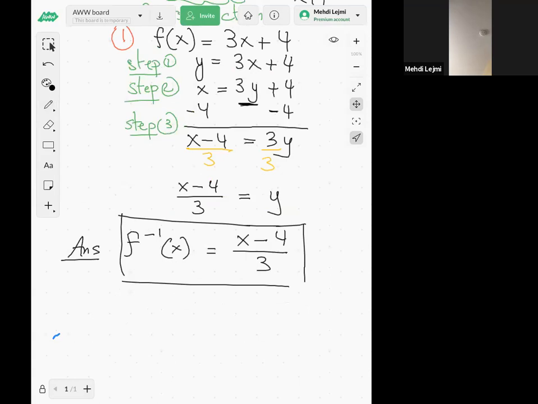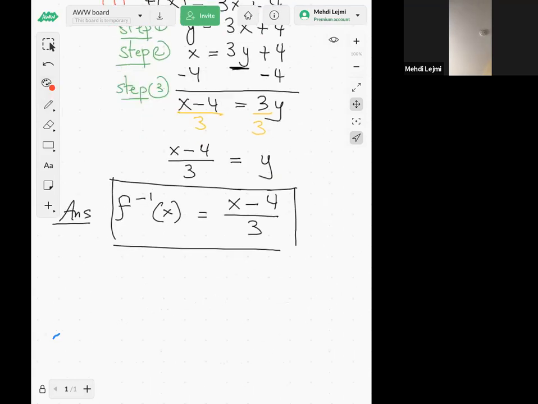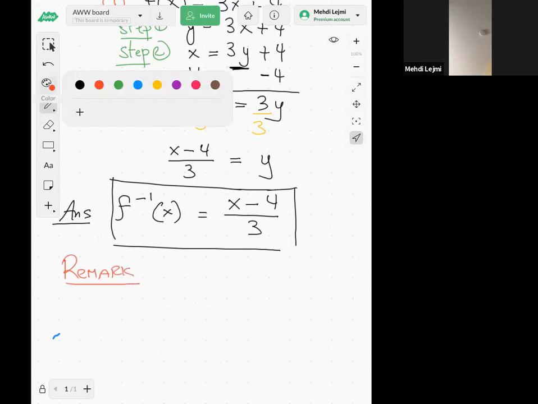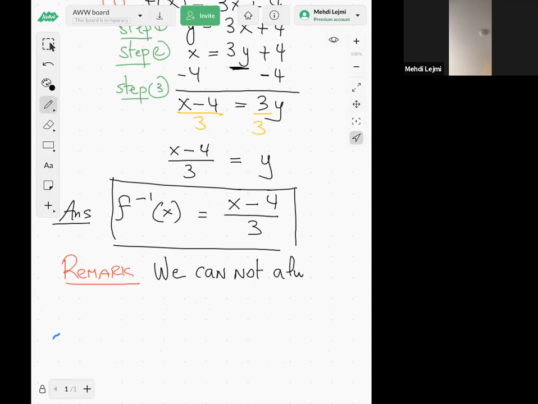Remark: we cannot always solve for y, or sometimes y is not a function.